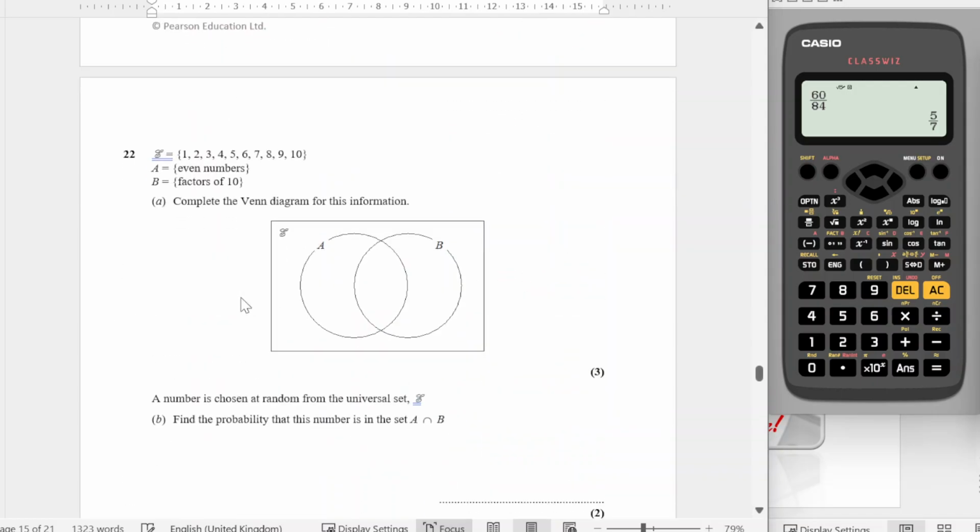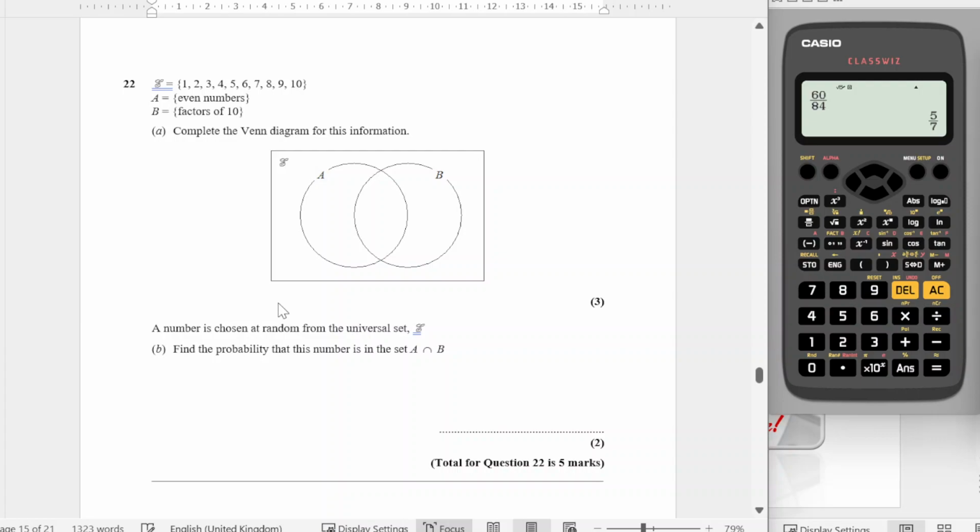Okay, question 23. Complete the Venn diagram for this information. So we're only using the numbers 1 to 10. We've got even numbers and factors of 10. If I start by looking at factors of 10, it would be 1 and 10, 2 and 5. Then the only even numbers there are 2 and 10.